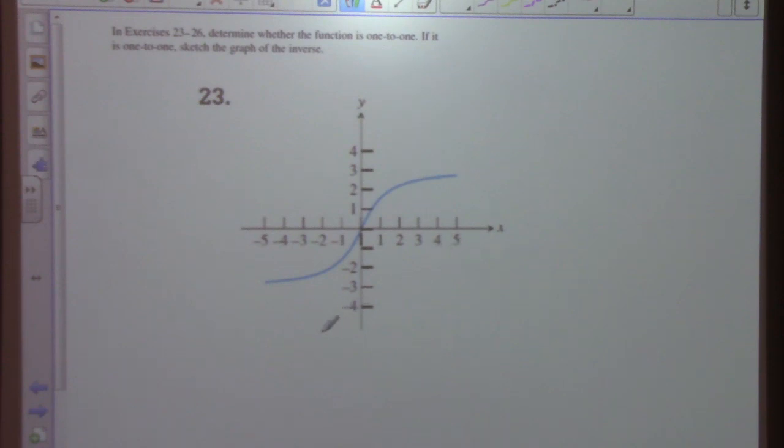How do you do that? Vertical line test. The vertical line test, but to find out whether the inverse is going to be a function, we do something called the horizontal line test. Because when we turn this thing into an inverse, does this thing pass the horizontal line test? Yes, it does. So that means that inverse is going to be a function.